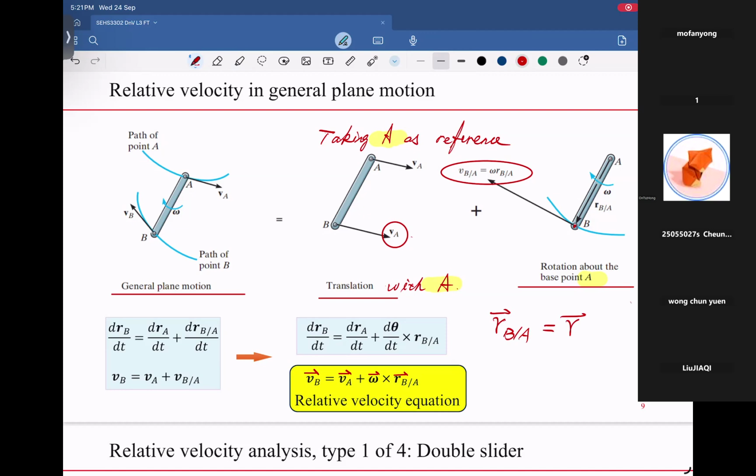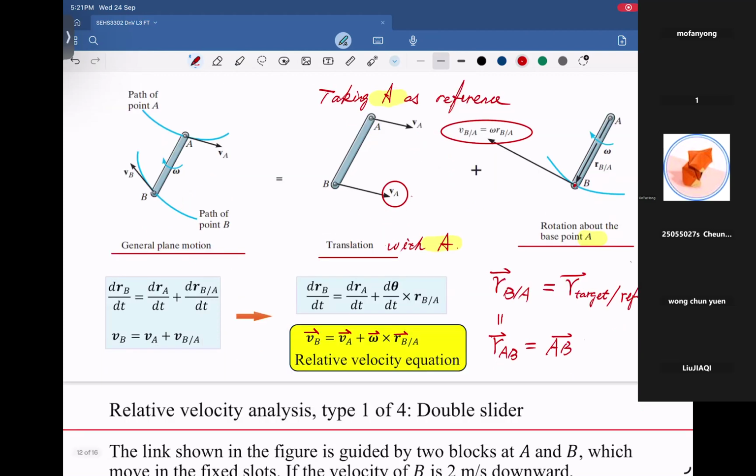R is the position vector, B is the target point we analyze, and the slash A is the reference point. So R_B/A always equals R from A to B.